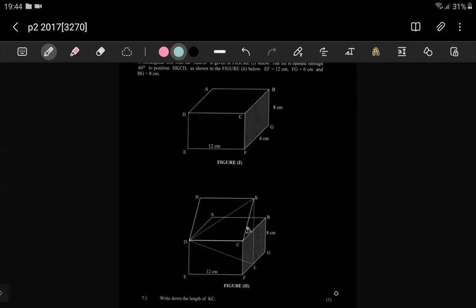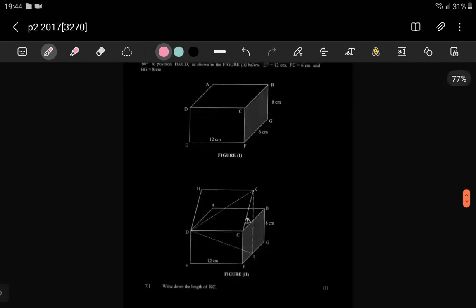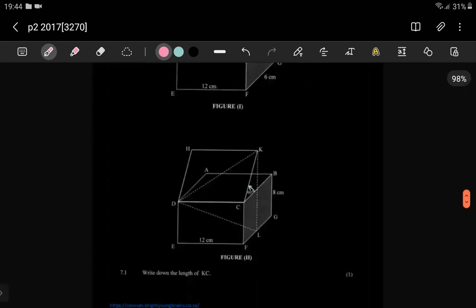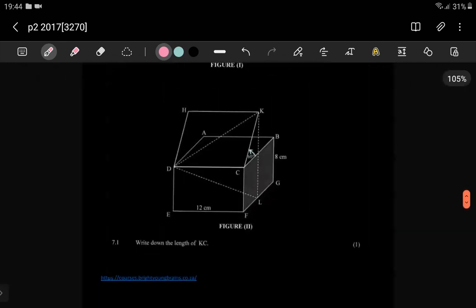Now, for 1 mark, they said write down the length of KC. Where is KC? If we're looking at our 3D sketch, I want us to write down the length of KC. Don't overthink it.